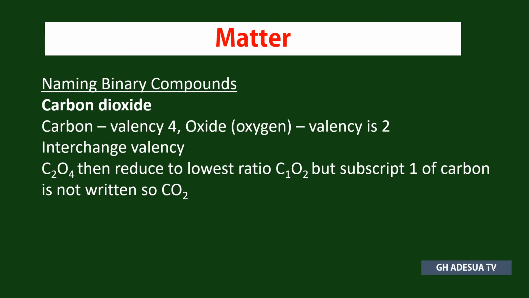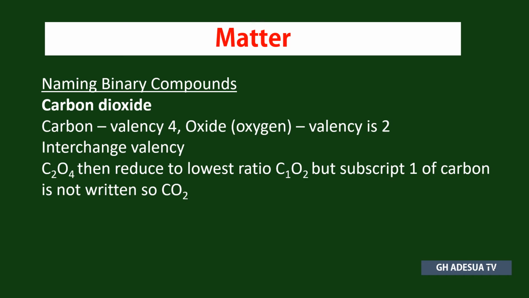Then in our next step, we would have to interchange the valency. So although carbon has a valency of 4, we write 2 as a subscript. And although oxygen has a valency of 2, we write 4 as a subscript. So C2O4. Now earlier I mentioned that when you have the values as something you can reduce to lowest term, you do so.